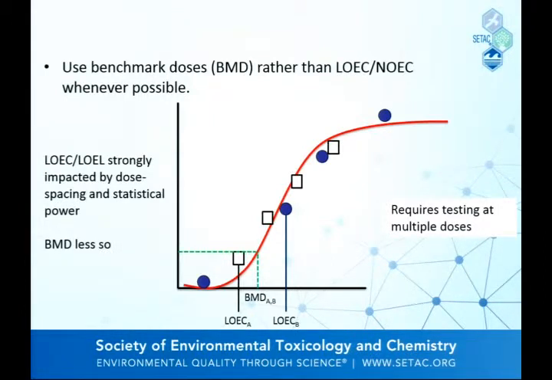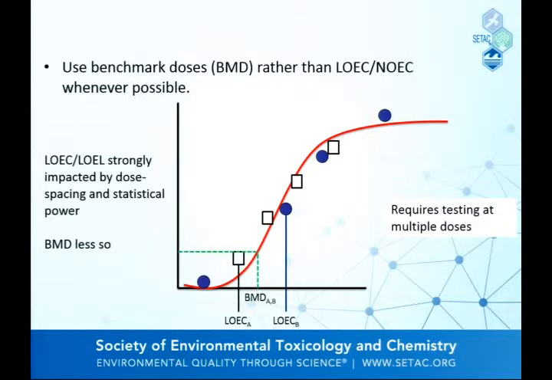And this is just an example where we conduct 2 different experiments. We identify a lowest observed effect concentration in this experiment, down here, and in this experiment, up here, and that's just based on the statistics. But if we actually fit a regression line to that dose-response relationship and calculated something like an EC50 or an EC10, what you see is those 2 experiments actually gave you the exact same answer.